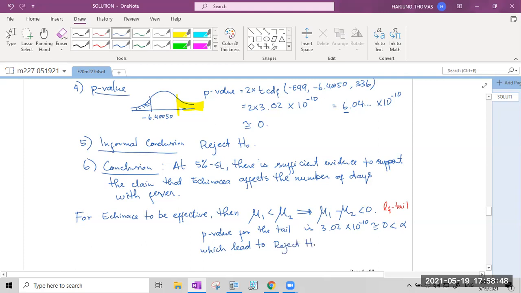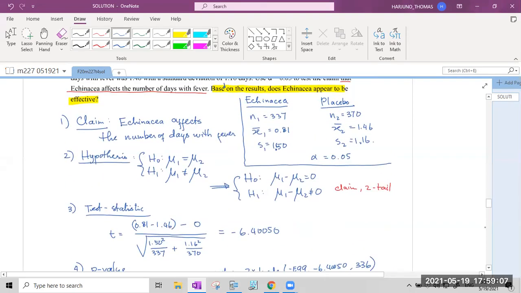Reject null hypothesis. So echinacea appears to be effective. That's the question, right?